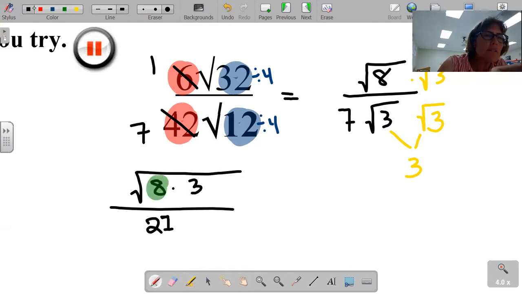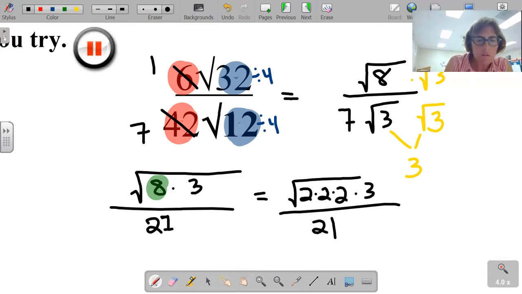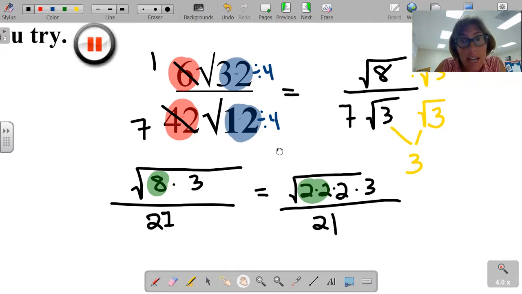That 8 can be broken down. It can be factored to 2 times 2 times 2, and then we have the 3 here, which means we have a pair of 2's that can come out. Any pair under the radical, all pairs get to go out. If you got a pair, you get to go out.